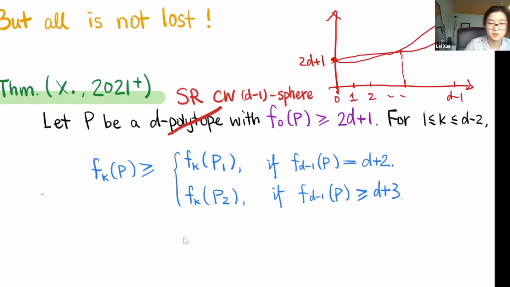Does this make sense? So they have the same number of vertices. Starting from F1, P1 is lower than P2 up to the middle, and after that, P2 is lower. So they sort of each dominate half of it.